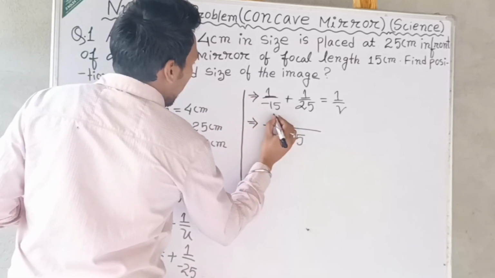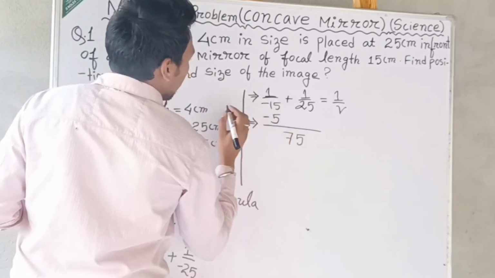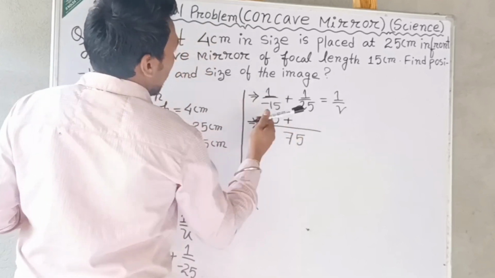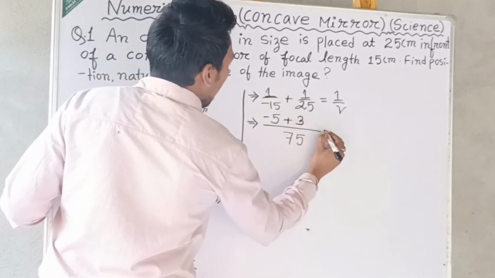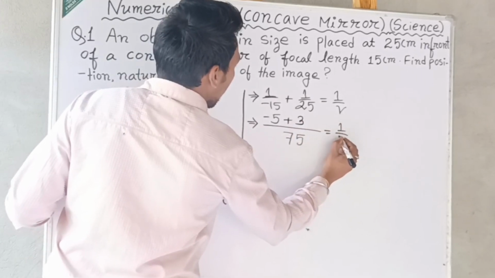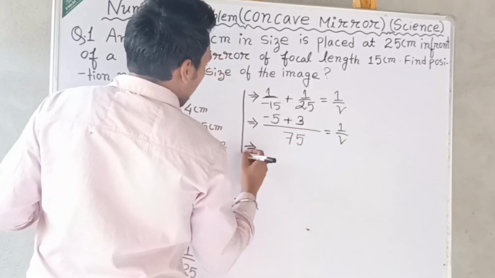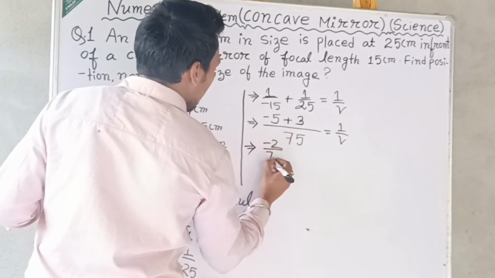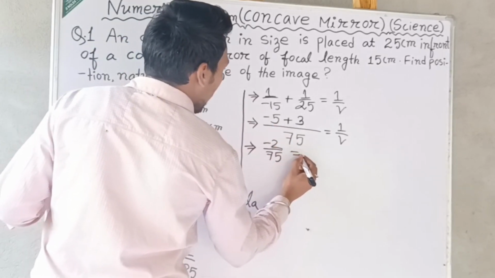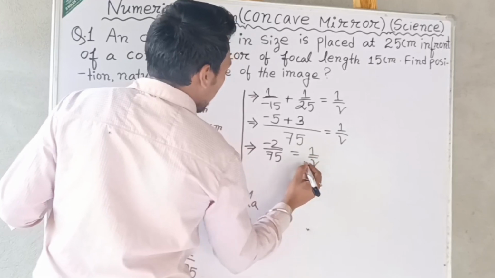So right here 5. But we have here a minus sign. So right here plus, 25 3s are 75, so 3 1s are 3. So right here 3 equal to 1 by v. So minus 5 plus 3 is minus 2. So minus 2 by 75 equal to 1 by v.